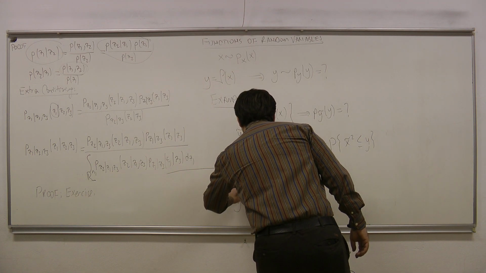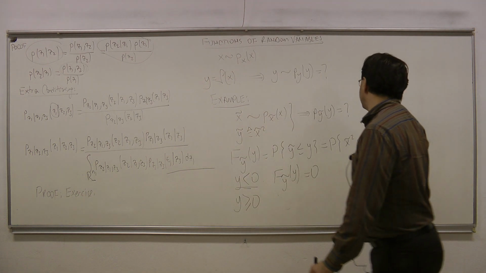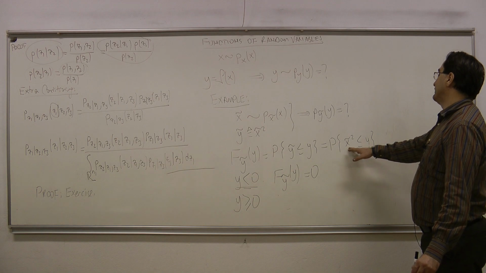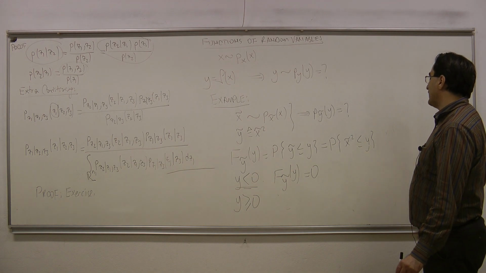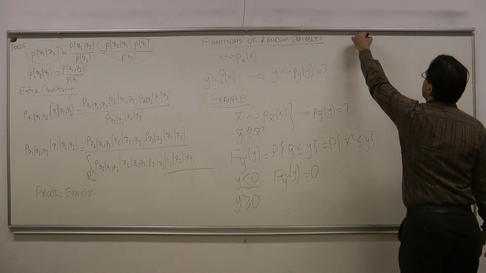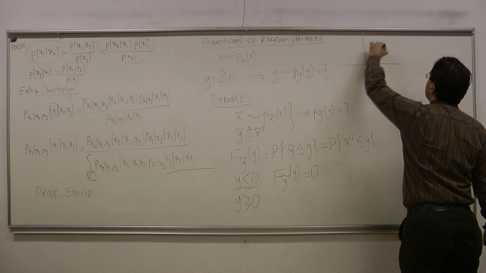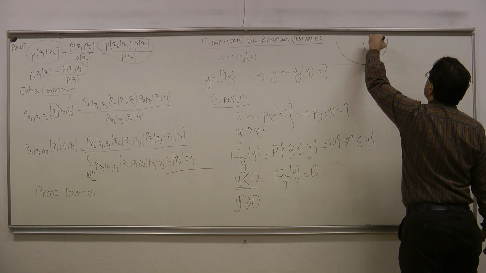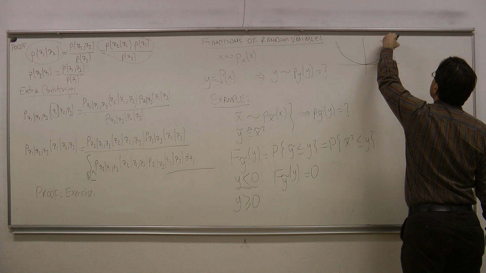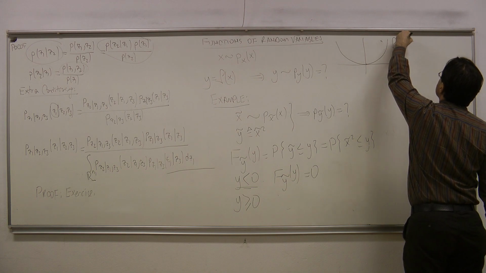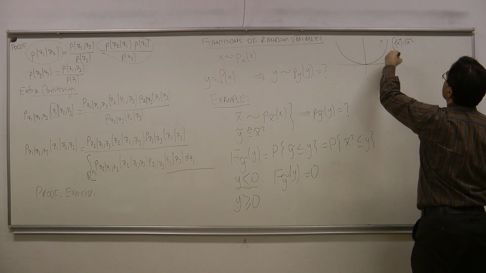On the other hand, if y is larger than or equal to 0, I can write this probability, x tilde squared smaller than or equal to y, as the following. This is my function f of x, f of x is equal to x squared. Let us write f of x tilde is x tilde squared.